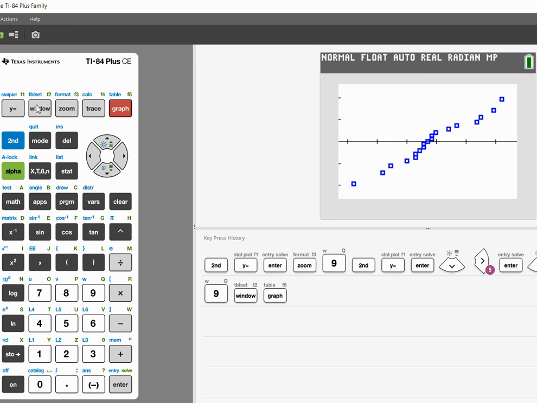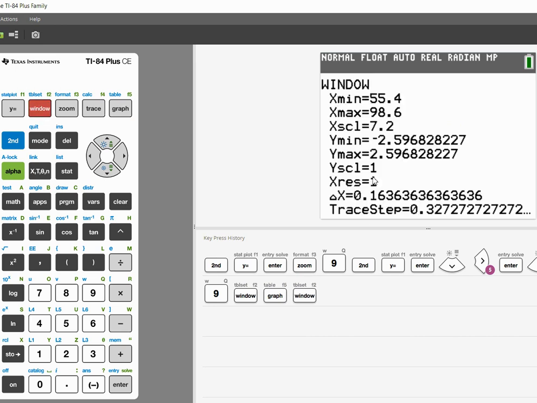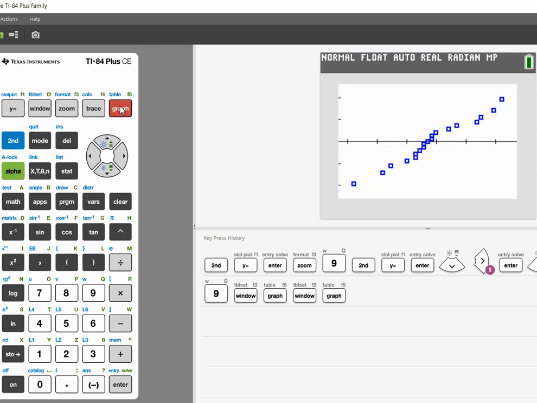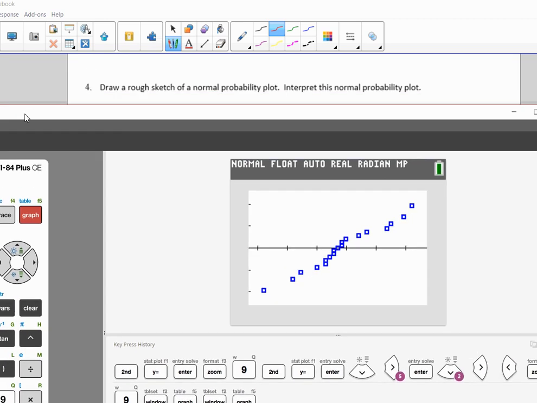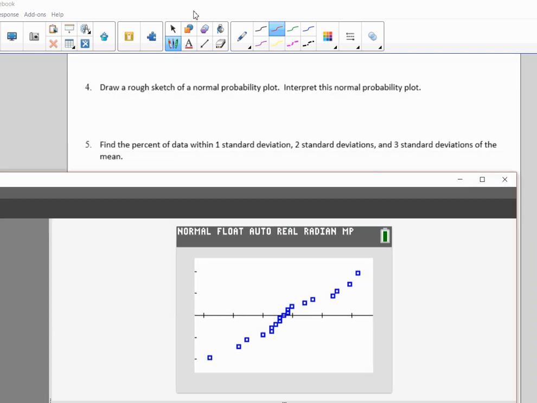Okay, and then my x values, here's my x-min and my x-max. Those were my test scores, right? So from 55.4 to 98.6. There you go. So I'm going to draw a rough sketch. And when I say a rough sketch, I mean a rough sketch. Watch, I'm going to try and put these side by side. Is this going to work?